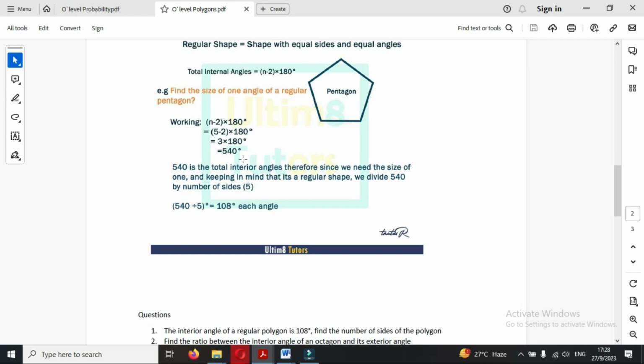So 3 times 180 will give you 540, right? Now it's written over there, 540 is the total interior angles. Since we need the size of 1, and keeping in mind that this is a regular shape, we divide 540 by the number of sides, which is 5. So that's how we now know how to calculate each of these angles.